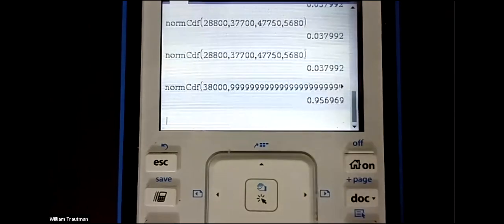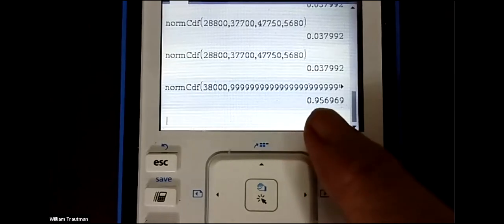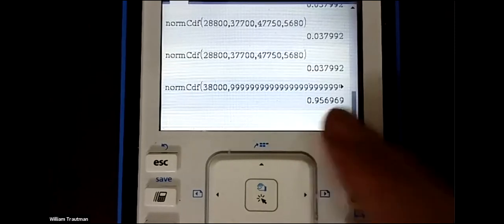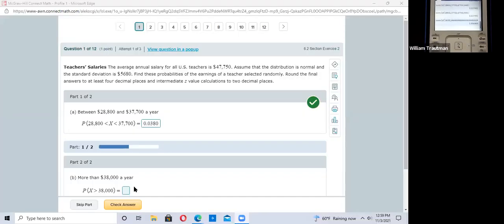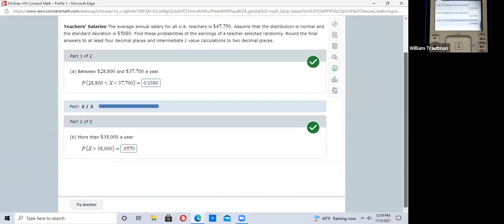When I hit enter, I get about 95%, 0.9570. Check my answer. There it is.